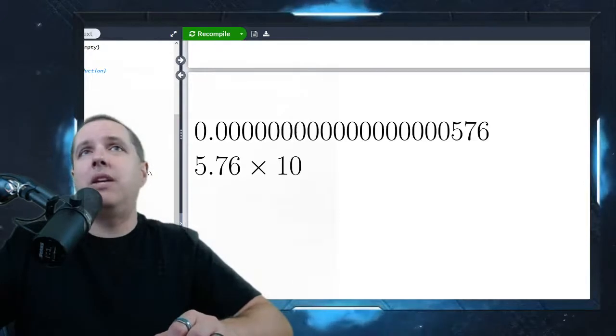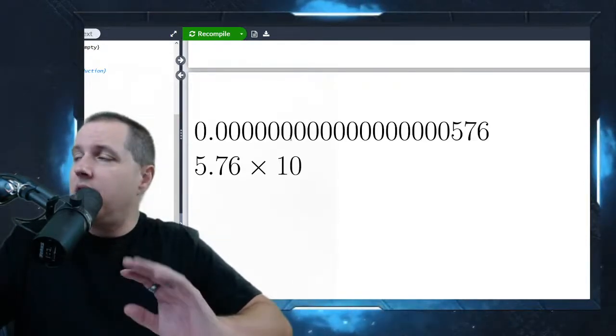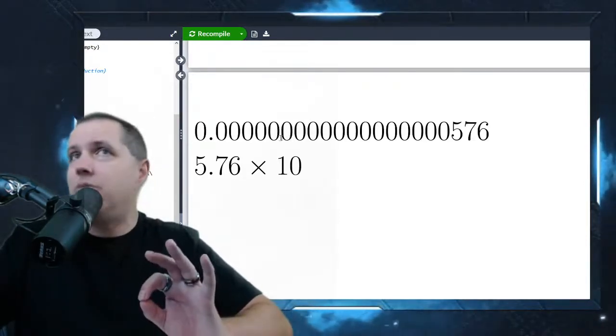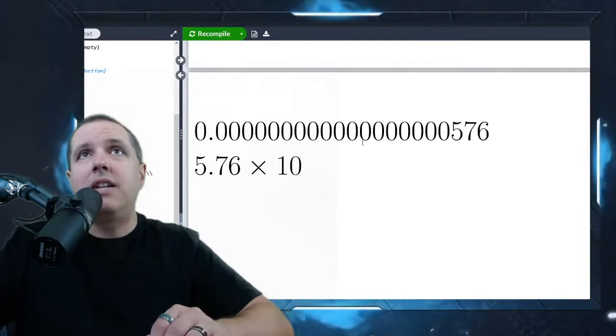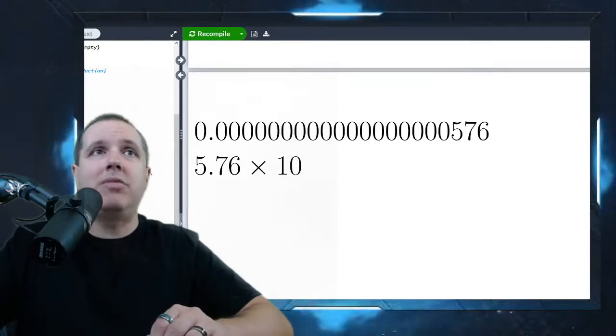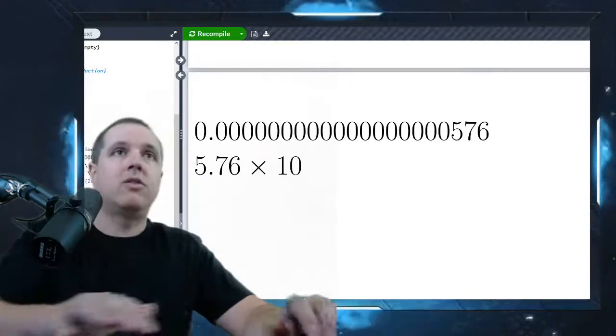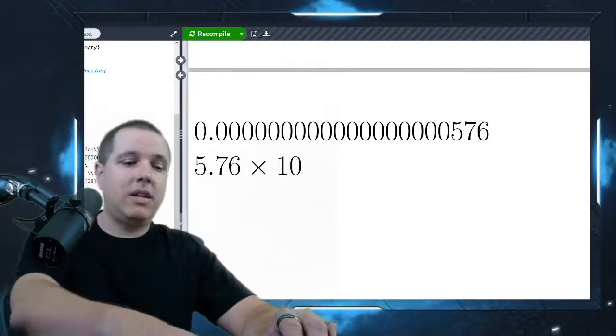So how many divisions did we have to do? Count the number of places that the decimal moved. So I go 1, 2, 3, 4, 5, 6, 7, 8, 9, 10, 11, 12, 13, 14, 15, 16, 17, 18, 19. 19 places. So, whoops, I got to make that negative.